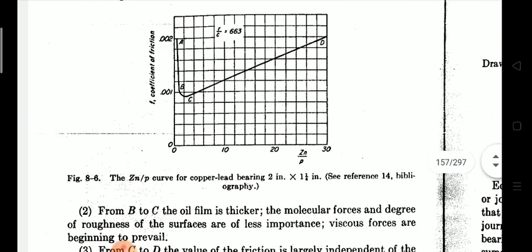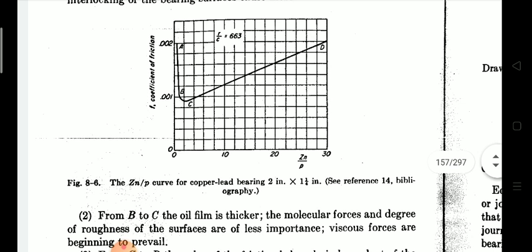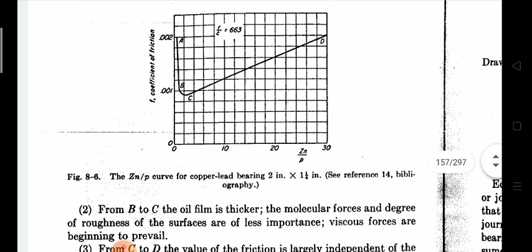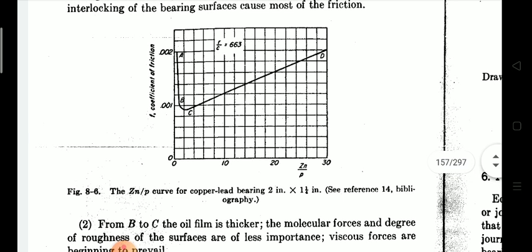Now from B to C, the oil film is going to be thicker, and the molecular forces and degree of roughness of surface are less important. Viscous forces begin to prevail, right?